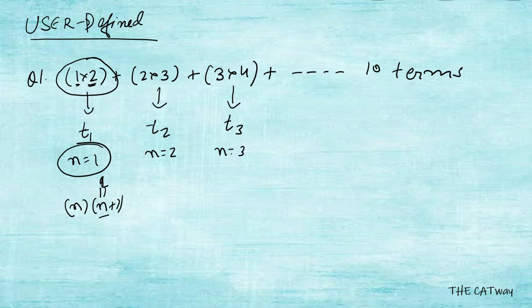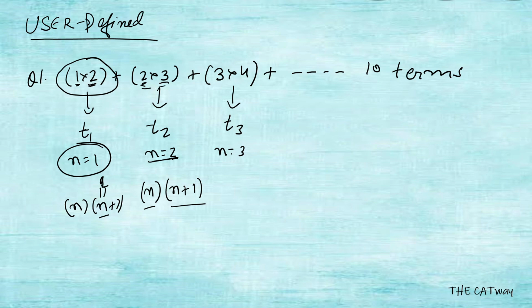Now we'll see if this same thing satisfies for term 2 and term 3. For term 2, n is equal to 2. Here it is 2, so we can write it as n. Here it is 3, so can we write it as n plus 1? Yes, because n is equal to 2, so plus 1 gives 3. So n into n plus 1 is 2 into 3. Satisfied.